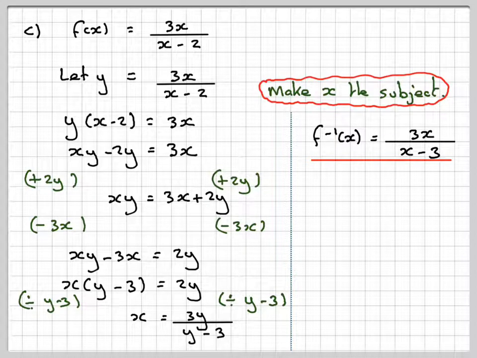Now interestingly, the domain of the inverse function actually gives us the range of the actual original function. So just repeat that, the domain of the inverse function will give us the range of the original function.